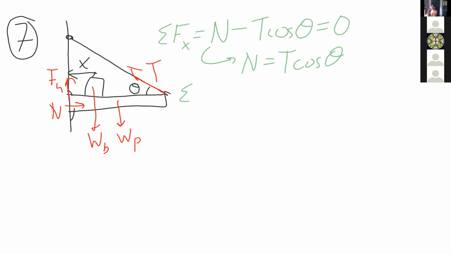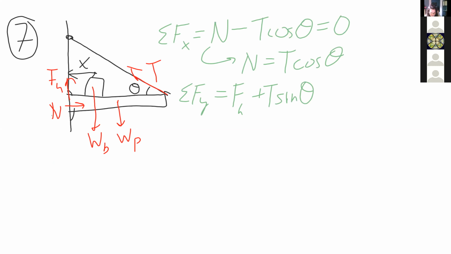Doing a similar thing with the summing of the forces in the y direction. Acting upward, we have our hinge force, which is just directed straight upwards, F sub h. Also acting upward is a component of this tension. It'll be positive, T sine theta.